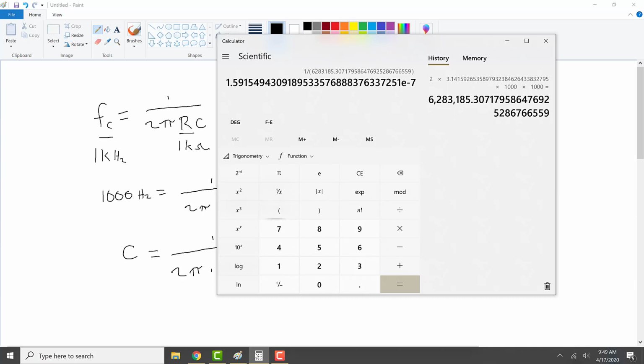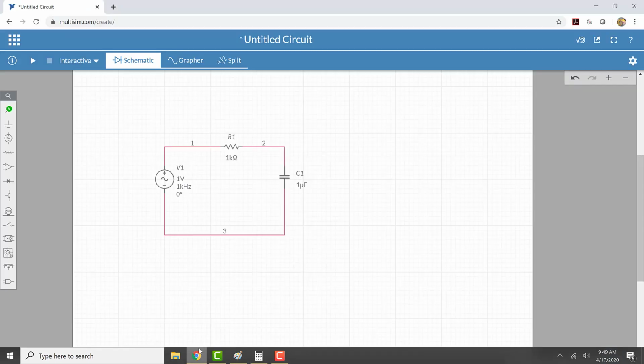So this is 1.59 times 10 to the minus 7th. So that's 0.159 times 10 to the minus 6th. So 0.159 microfarads is what I should have. So let's go back to multisim and put that in. So I'm going to make this capacitor 0.159 microfarads. Alright, so that should do it.